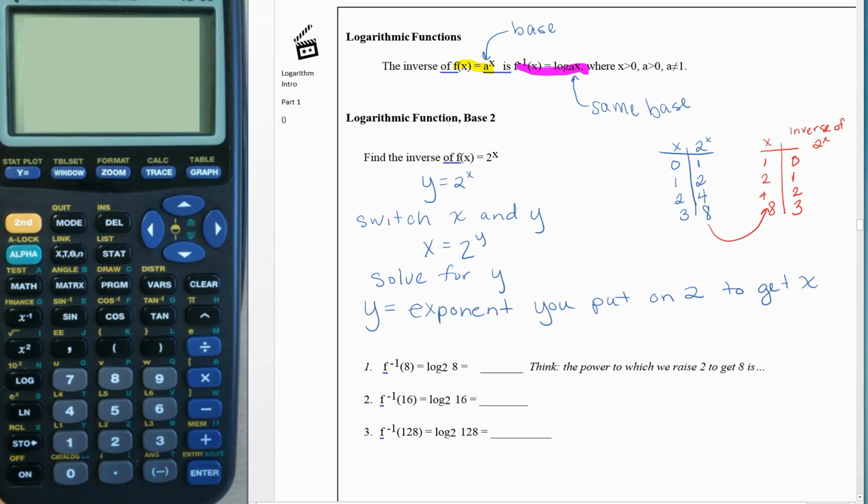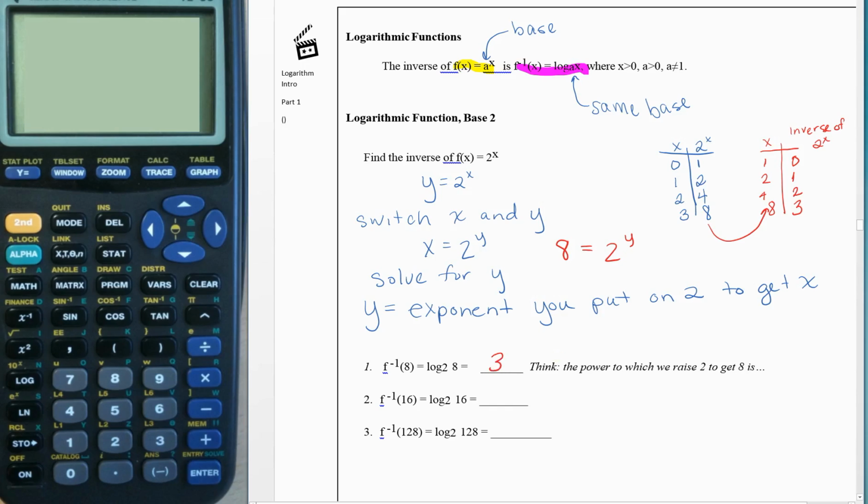We're saying what exponent do you put on this 2, on this base, and you get out x. That's what our y is. So from our example here, if we plugged in 8 for x, we would want 2 to the y equal to 8. Well, what would y have to be? y would have to be 3, the exponent you put on there. That's what we just answered there.